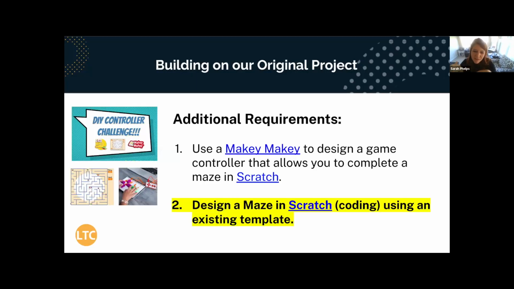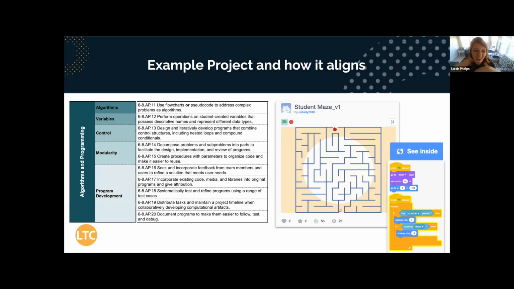All right, so let's bump it up a little bit. So we are designing a device or a game controller for a maze that already exists in Scratch, okay? So we are now going to tie in all these algorithms and programming because we can ask the kids to remix their maze and make it their own.